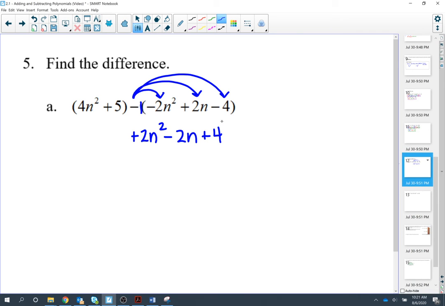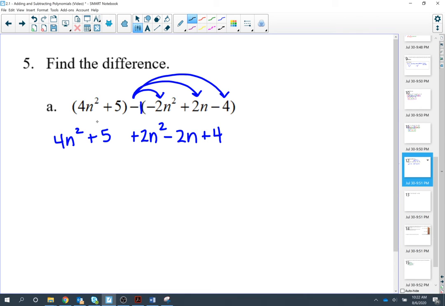So everything in that set of parentheses flipped its sign. Negative became positive, positive became negative. Then everything in front of that, that's going to stay the same. 4n squared plus 5. So at this point, I can get rid of the parentheses, but make sure you distribute the negative first. Okay, now we're just back to combining like terms.